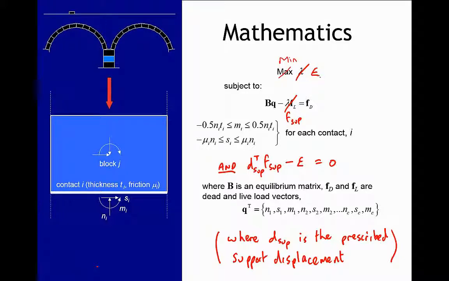So E is the support movement energy, so minimizing the support movement energy subject to equilibrium constraints is the same, and the additional constraint, which basically equates the energy done at the supports to the specified displacements, so that's contained in this vector D support, multiplied by the unknown support reactions, F sub.